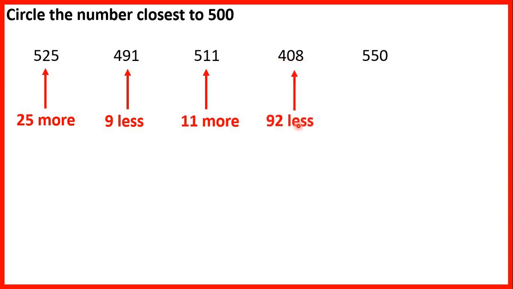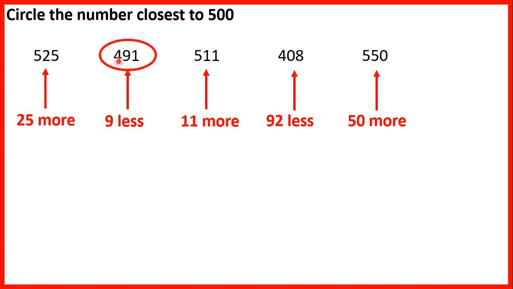408 is 92 less, because 8 and 92 make a number bond to 100, and if we have another 100, that would give us 5 hundreds altogether. Or we could work out that 500 minus 408 is 92. And finally, 550 is 50 more than 500. So we need to circle the number closest.